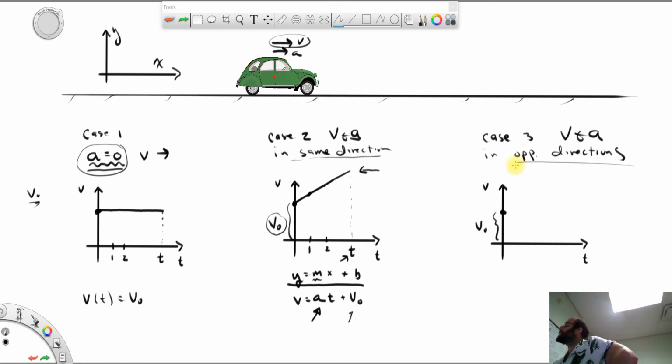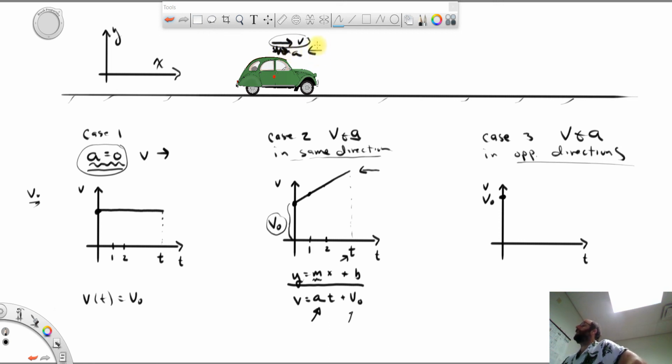However, here, the acceleration and the velocity are in opposite directions. So I think I'm going to go back and put that point a little higher on the graph, just to give me a little more room to work with. If the acceleration's in the opposite direction, in my picture, it's not this way anymore. Now the acceleration is this way.